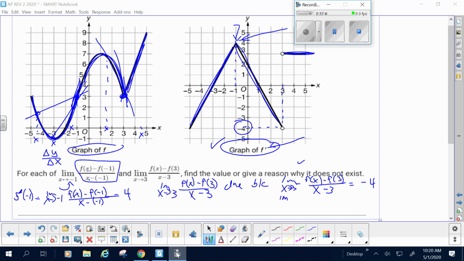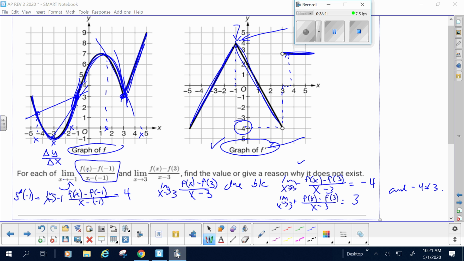The slope from the right is the derivative from the right, and the derivative from the right of 3 is +3. And so the limit does not exist because the one-sided limits are -4 and 3, and -4 doesn't equal 3.